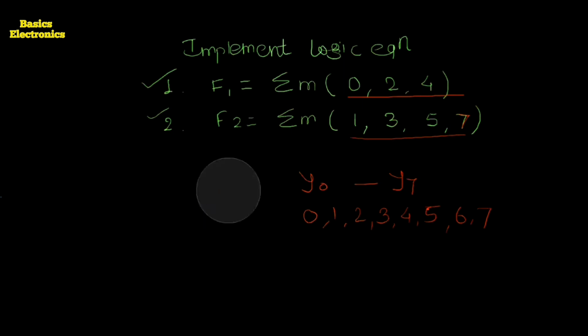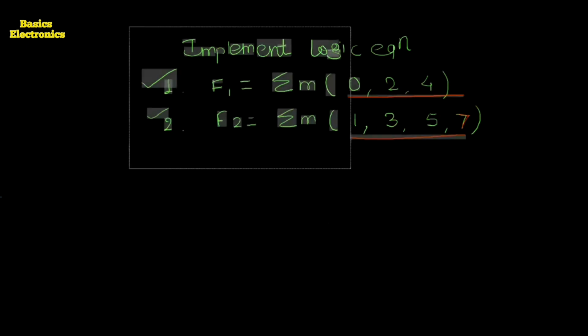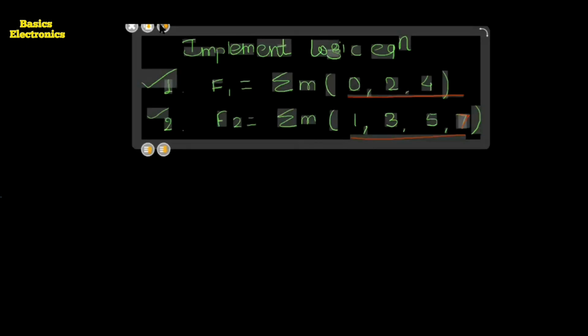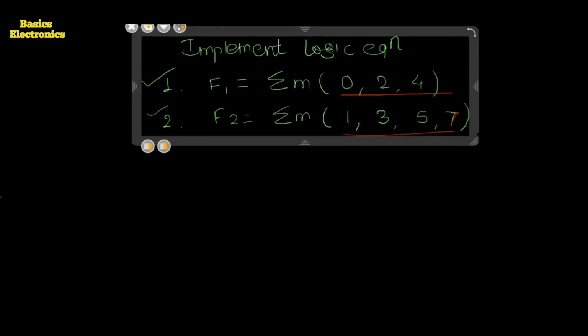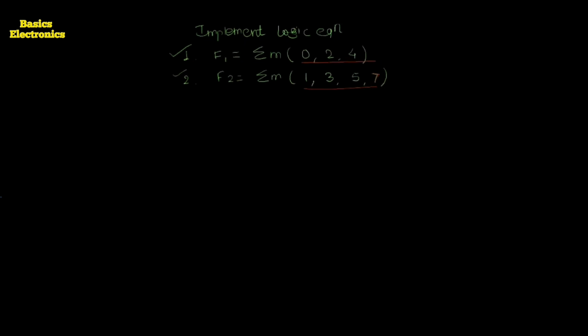Okay, so how can we implement it? We just require to consider what type of demultiplexer we have to use. The demultiplexer we require to use is the 1-line to 8-line demultiplexer. So first we draw the symbol of it.